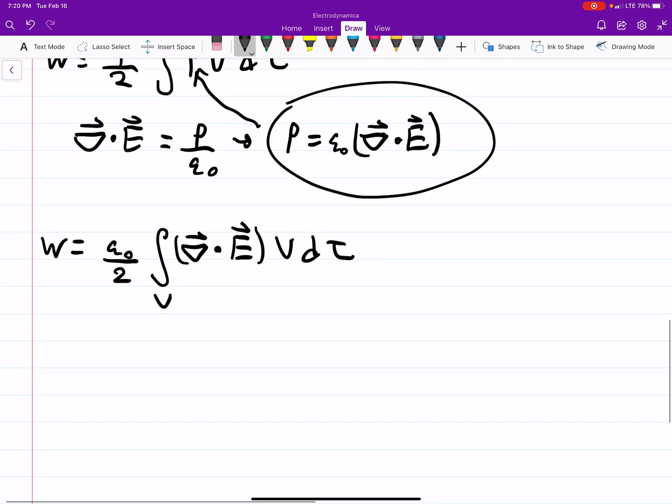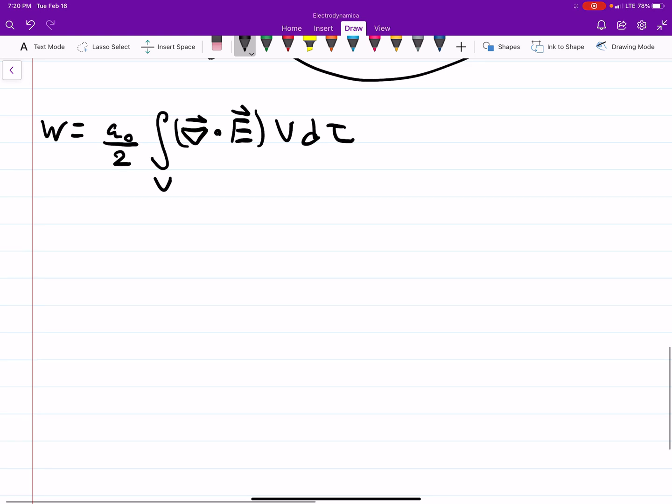All right. Now, this next part, I want to remind us something from chapter 1. This is our integration by parts.